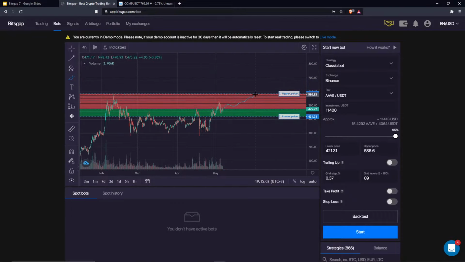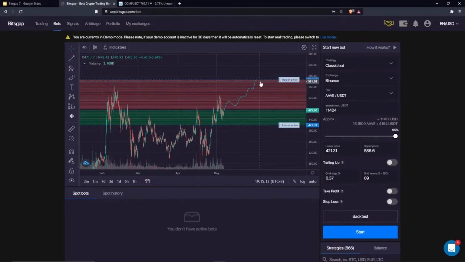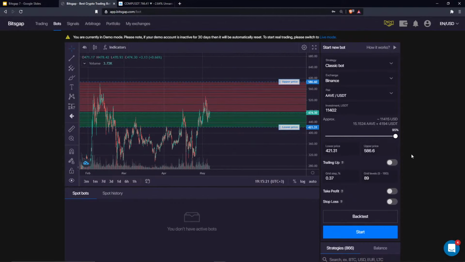So that's my first target, and that's why I'm pretty satisfied with this current configuration, where I have my upper price aligned with the closest key resistance price level. So this is the configuration you can stick with.